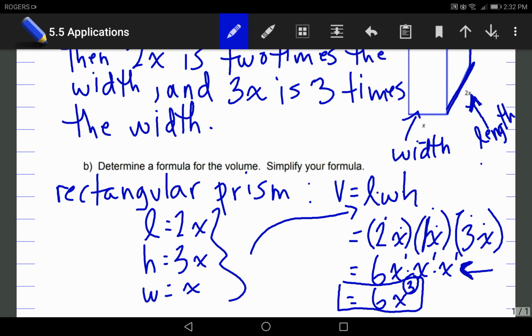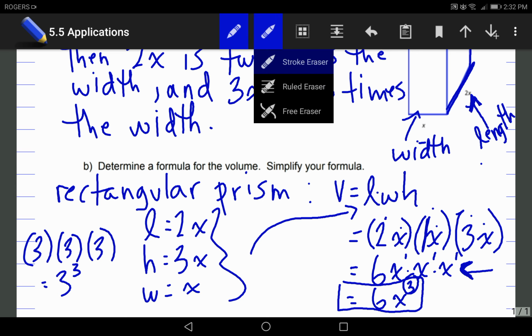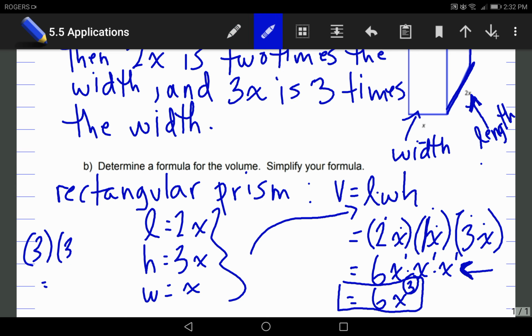Okay? X times x times x is x cubed. Just like if I asked you, what's another way of writing 3 times 3 times 3? Well, you could write it as 3 cubed, 3 to the power of 3. Okay? Same thing as if you use variables instead of numbers.